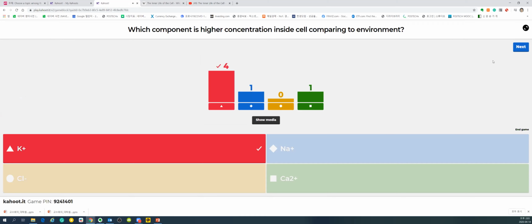Not perfect. So this one, I assume this is a relatively easy one. Okay, we are going to cover this later again too.